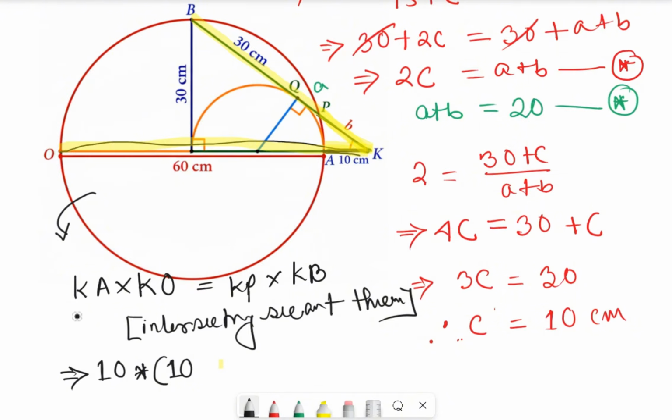Because the radius of the quarter circle was 30, so the whole diameter is actually 60.